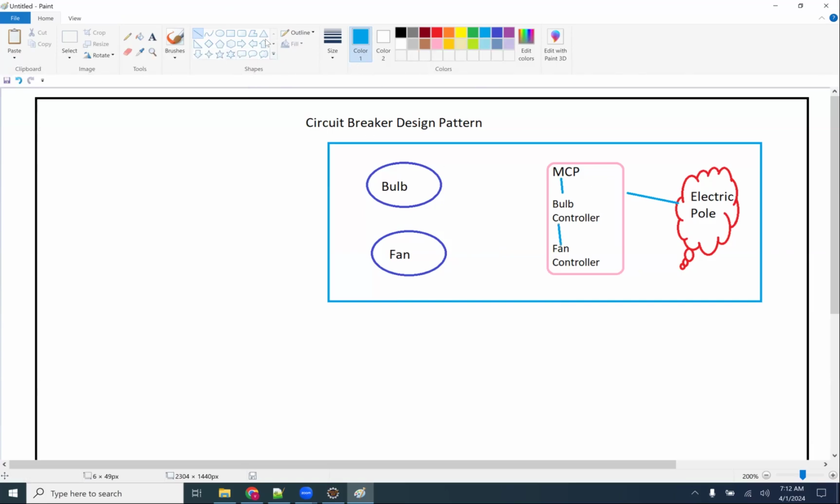And from the bulb controller to the bulb and the fan controller to the fan. So this is the actual situation, guys. Yes or no, guys?